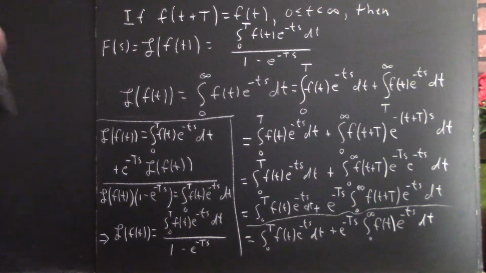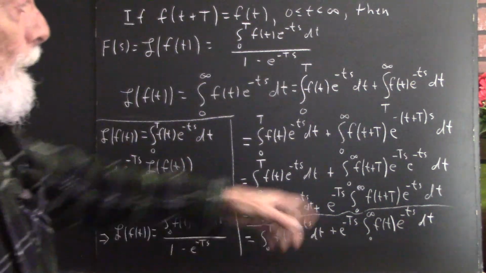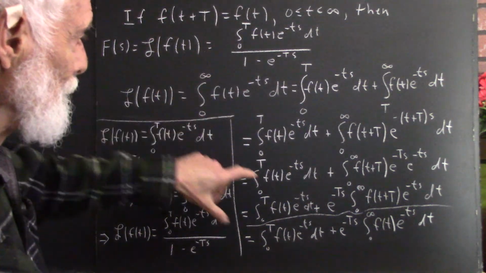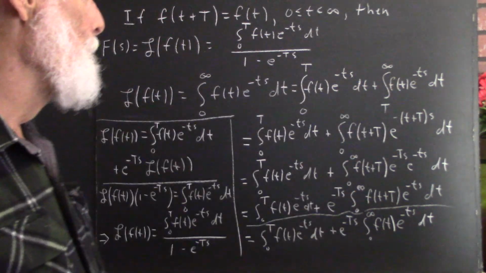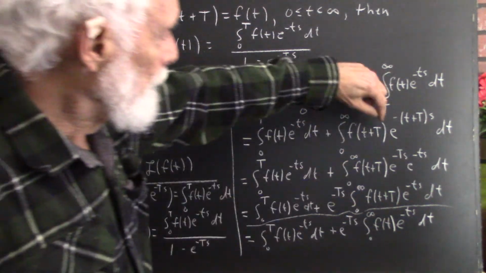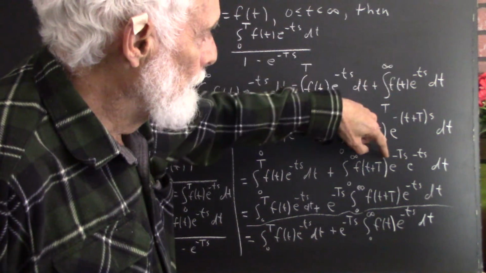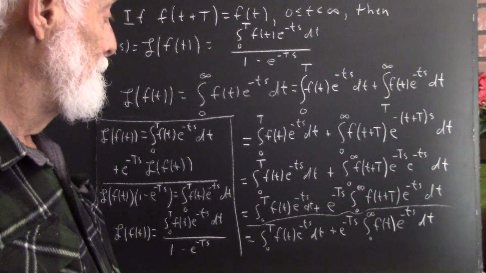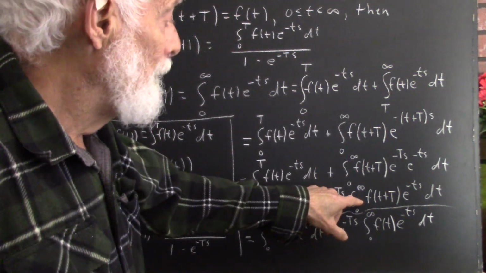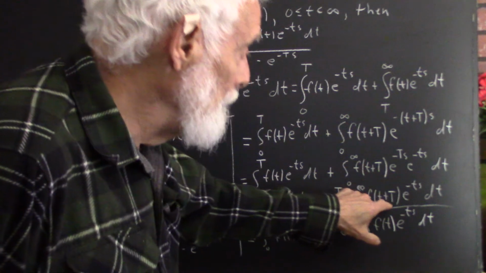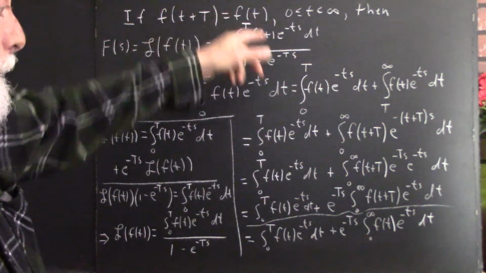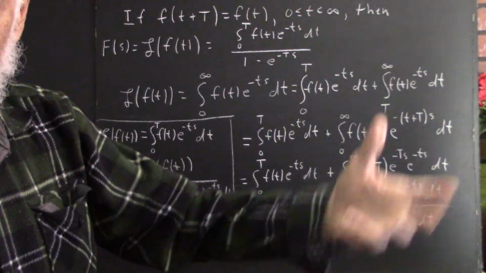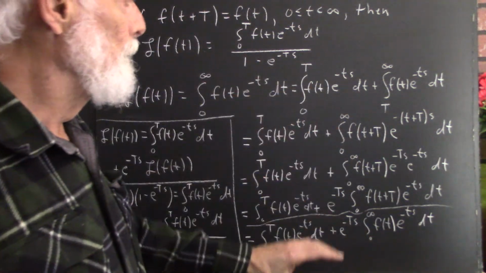It's actually very simple. All you have to understand is how you translate a function in the horizontal direction to get from here to here, and then how you split the exponential apart here. This part comes out of the integral, and then f of t plus capital T always equals f of t, so we get this. Now there's three ideas there, but they're all very simple ideas.